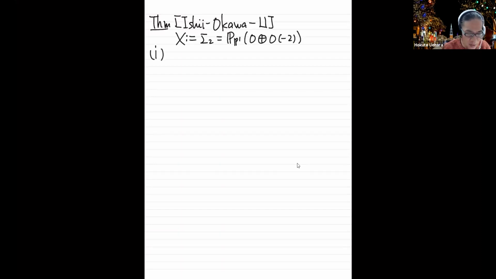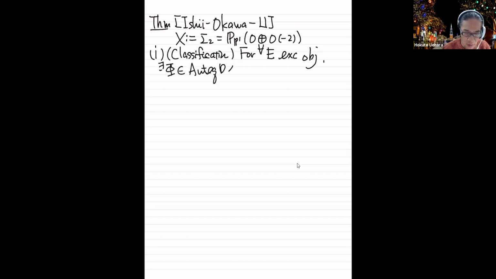The first result: for any exceptional object E, there exists phi, an autoequivalence, such that phi(E) is a vector bundle.